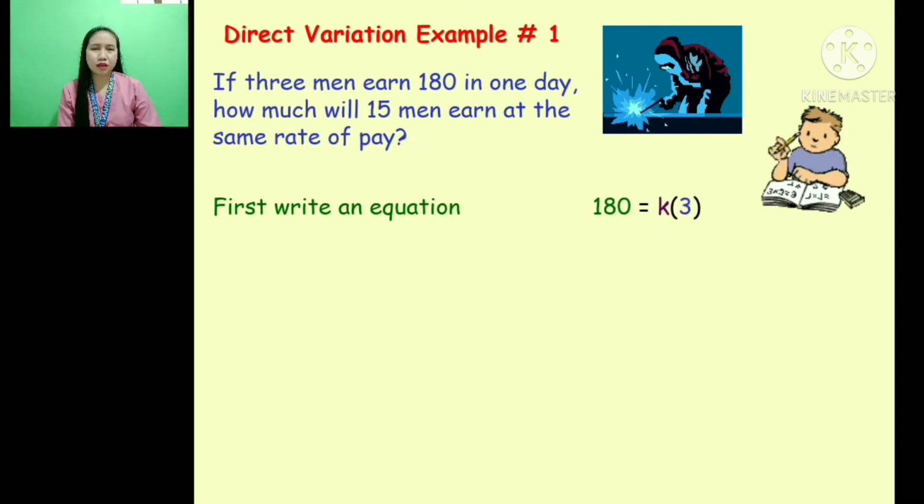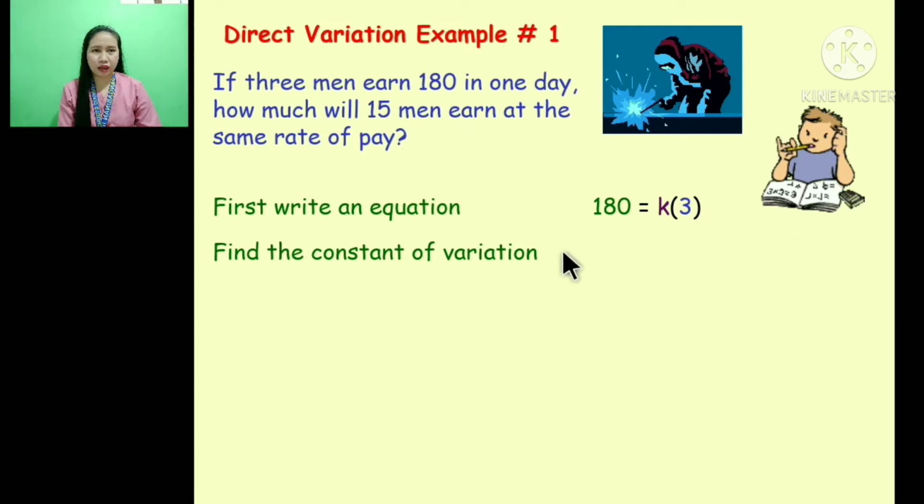Okay, so we have the equation 180 is equal to k times 3. So our 180 is the y, our 3 men is the x, and we're going to find the k or the constant. Okay, find the constant of variation.